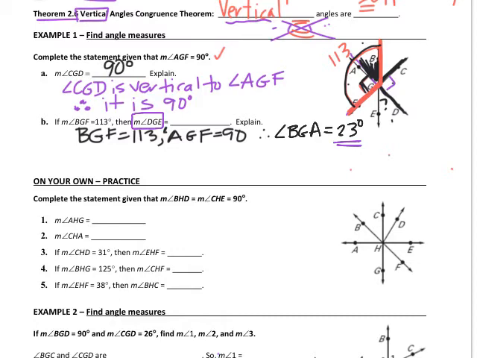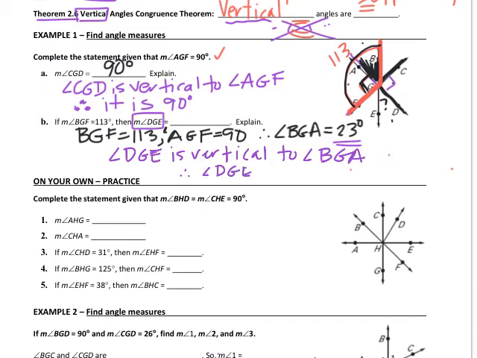And so I'm going to say that angle DGE is vertical to angle BGA, and therefore angle DGE is 23 degrees.